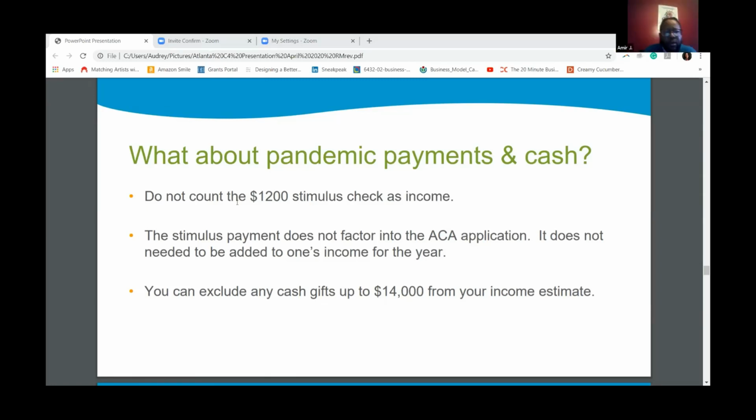Right. I would also add to that the way that the marketplace records and documents income is that they're looking at the entire year. So in the event what you projected a couple of months out, you didn't receive, or you went above and beyond that, you have the opportunity at that time to update your application for health insurance coverage via the exchange.